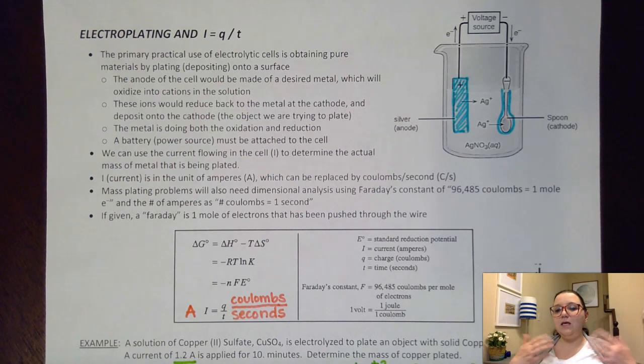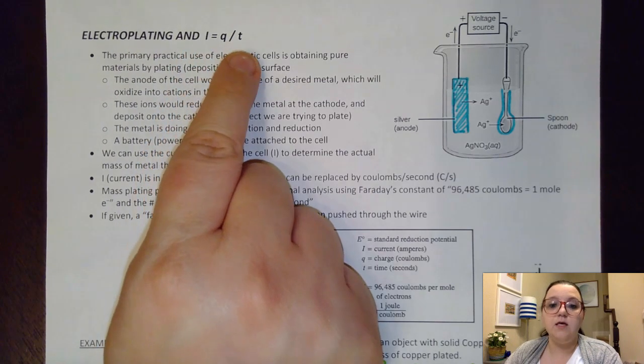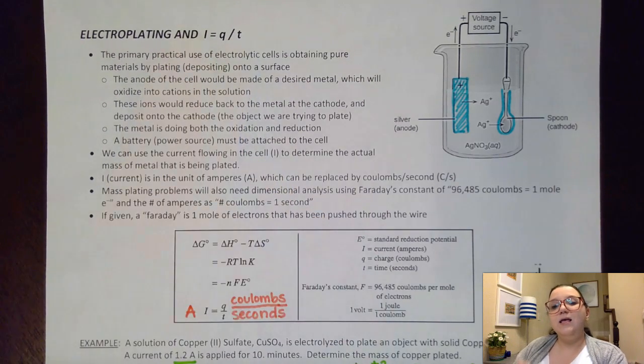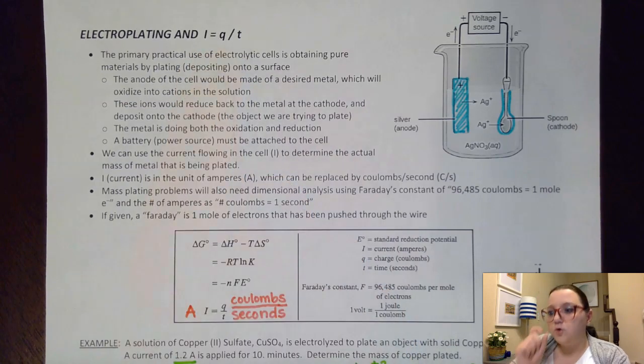Now, what's going to be interesting here is that this current, Q over T, the coulombs per time, is actually going to be used as a conversion factor. Most of the time, we're not actually solving this equation. We're using that equation as a conversion step in our work.